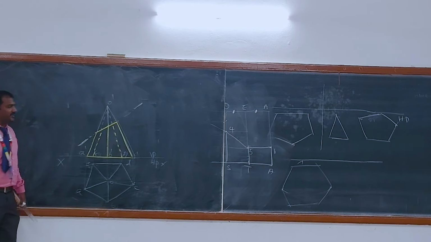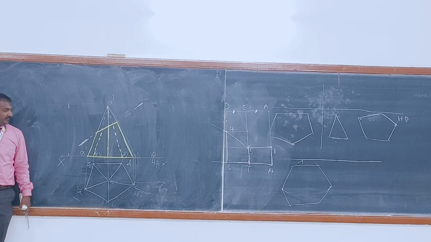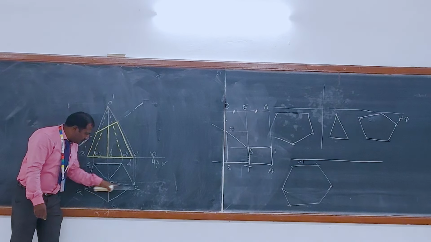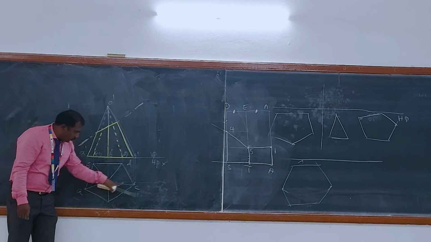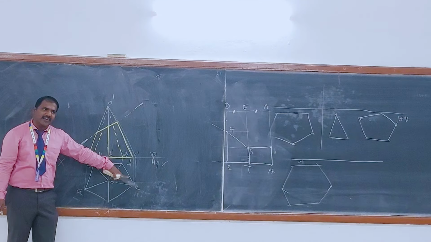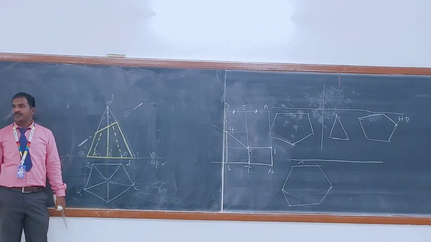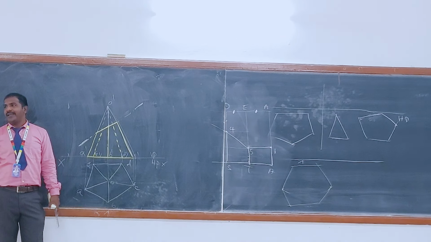This is your true slant edge. Draw a horizontal line, take the distance from O to C. For any slant edge, no problem, you cut on that horizontal line. Draw a vertical line, join that to the apex. That is your true slant edge.